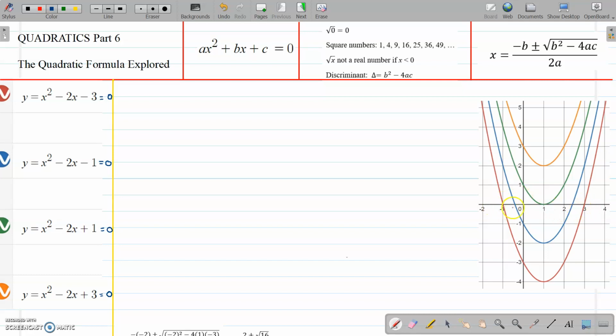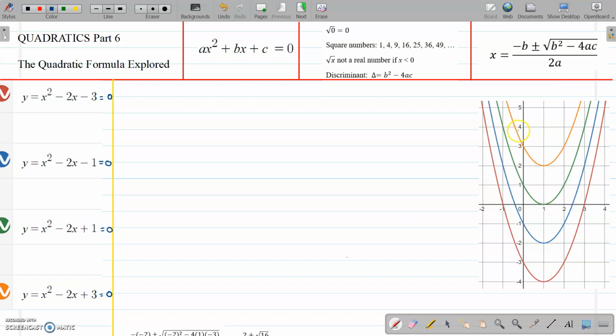The second graph, the blue one, also crosses the x-axis in 2 places, suggesting that it has 2 roots or solutions, but it's not obvious where those 2 solutions are. The third one, the green one, appears to sit on the x-axis but not cross it, suggesting that it has just 1 solution or 1 root.